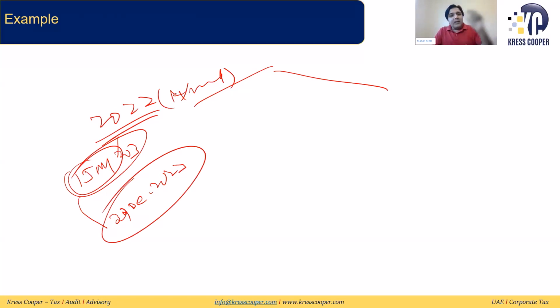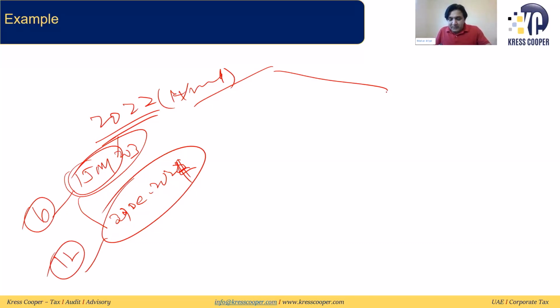So if they exceeded the threshold in 2022, they need to report it for 18 months from the tax period starting on or after 1st of July 2023, and the 18 months will end, 6 months of 2023 and 12 months of 2024, on 31st of December 2024.